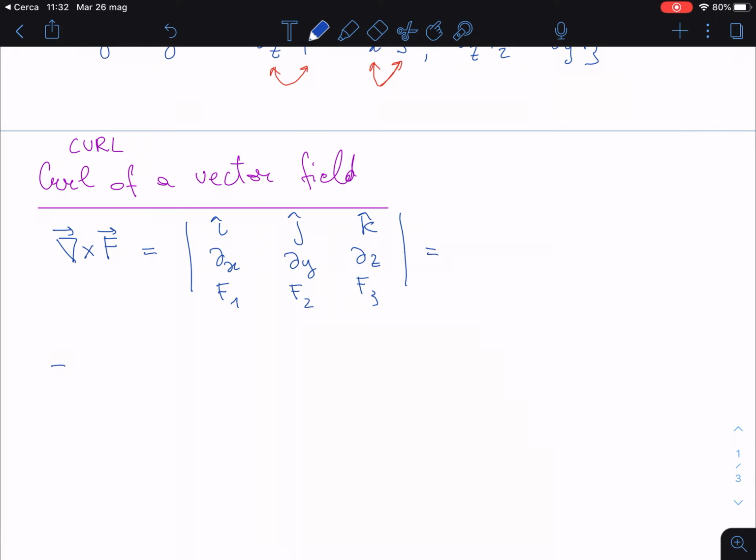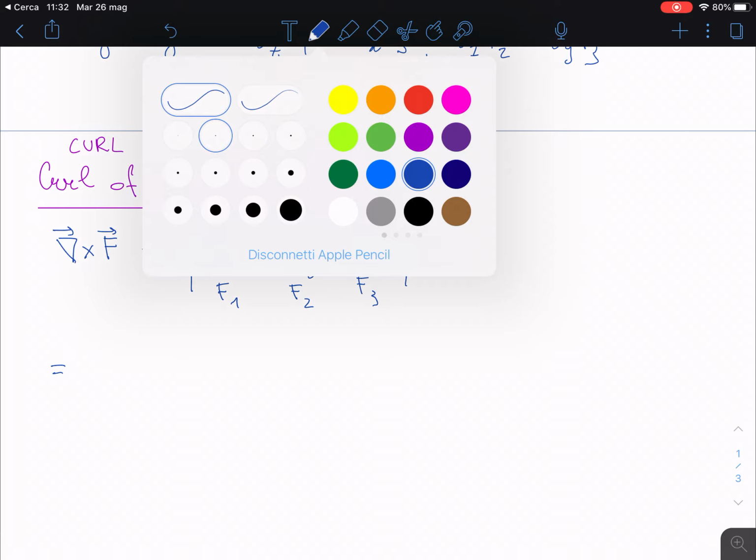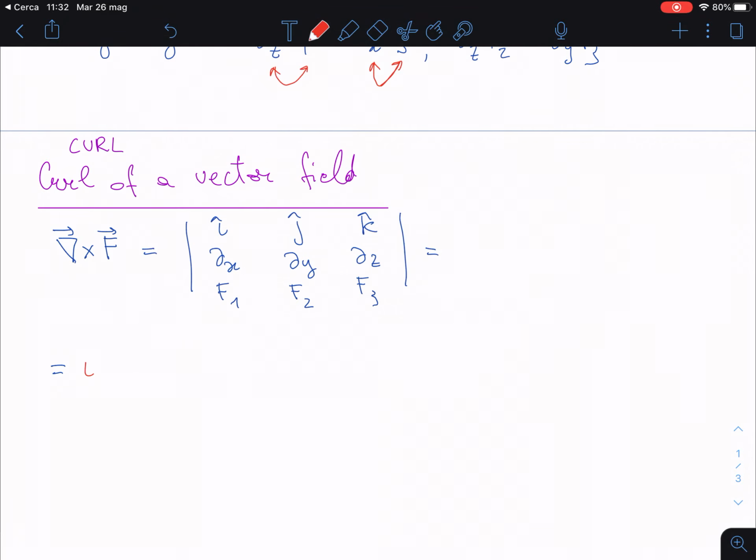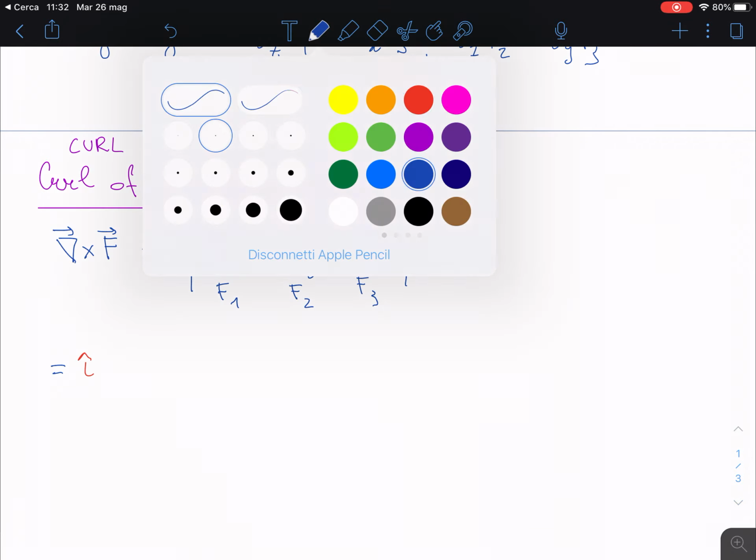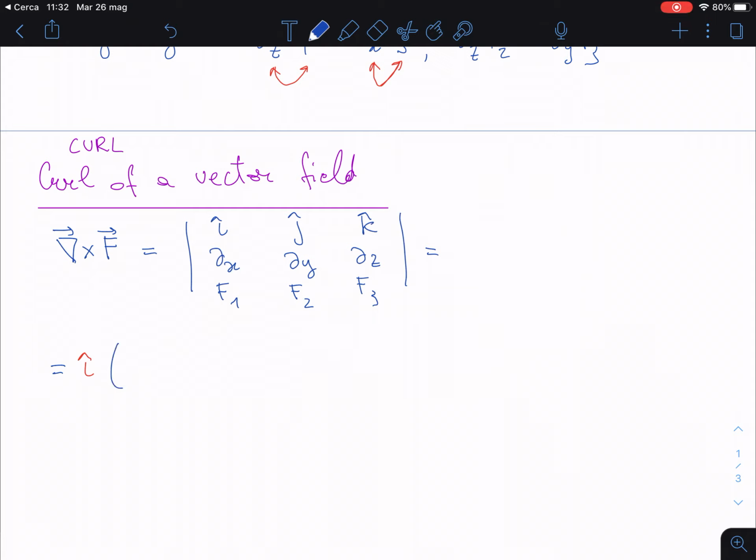And now write down the components explicitly, and so for the i component you have dy f3 minus dz f2 plus j.